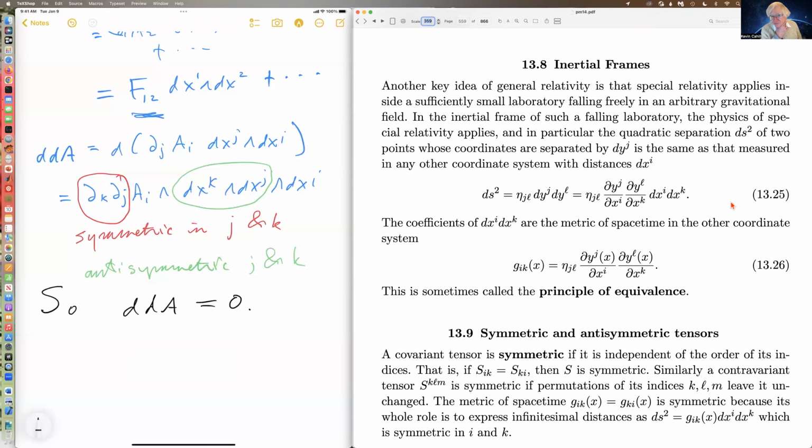But here, for the idea of inertial frames, the idea is that special relativity applies inside a sufficiently small laboratory falling freely in an arbitrary gravitational field.